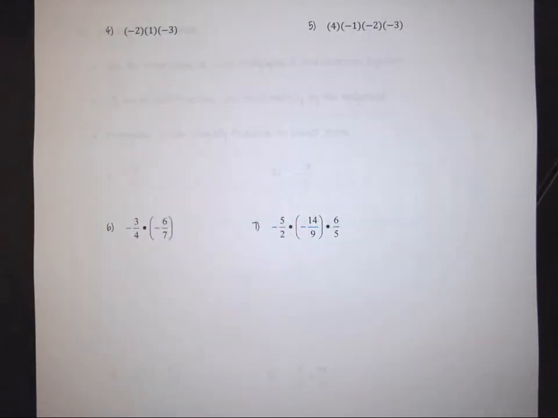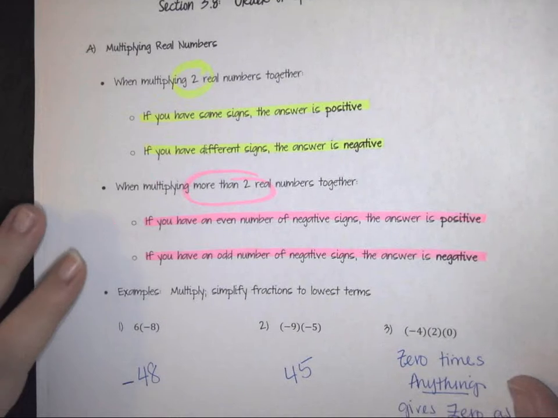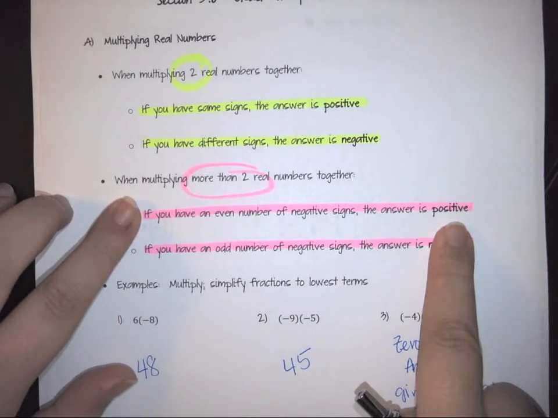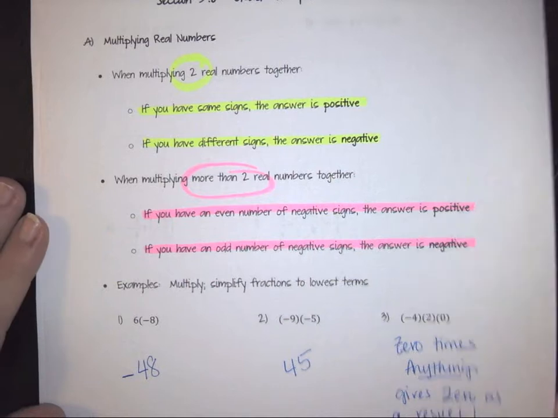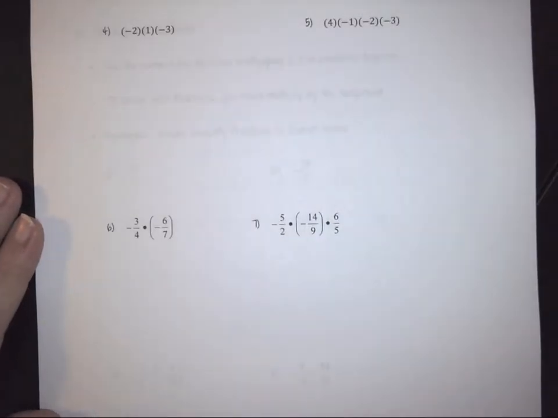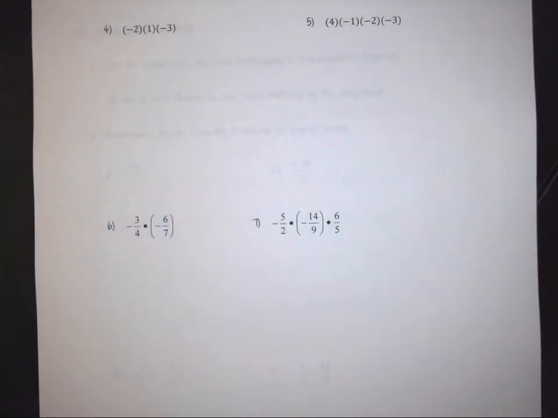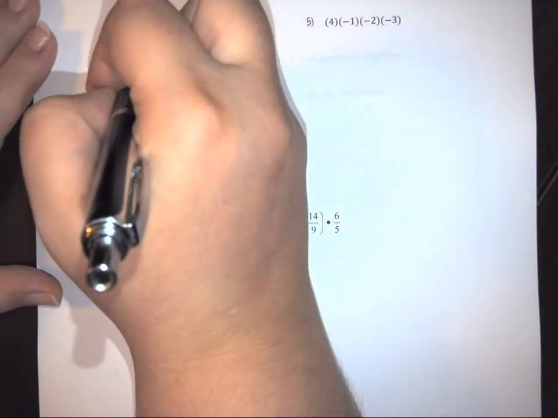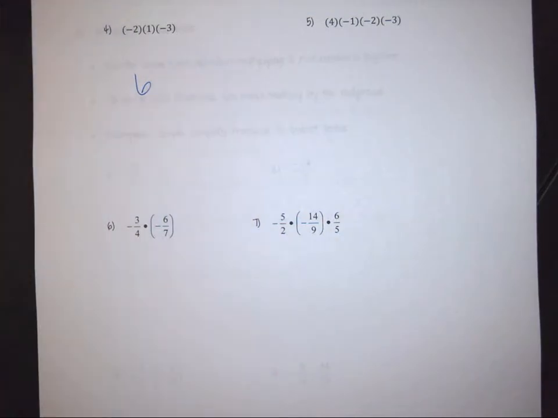If you remember, the rule said if you have an even number of negative signs, the answer is positive. So my answer is positive. 2 times 1 is 2, times 3 gives me 6.